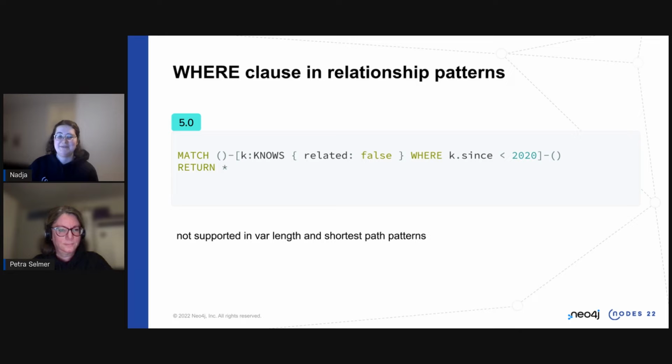This is the same thing, but here you can also see an example that you can still have the maps for expressing equality predicates when you do graph pattern matching. So here, related equals false. This would already solve some of the problems that we've seen before if you would allow it in var length. We currently do not, unfortunately, because we are planning to support these in quantified path patterns later on, which Petra will explain.